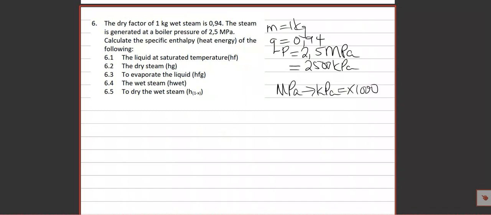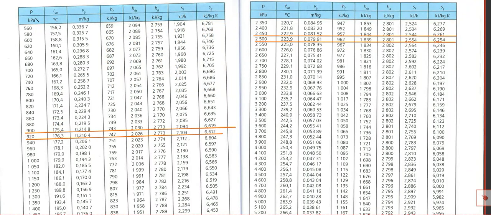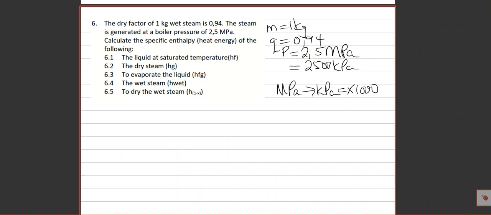So first question, it said calculate the liquid enthalpy. They gave us the symbol HF, as we're looking for HF. So HF at a pressure of 2500 is 962. We write our answer, this is 6.1.